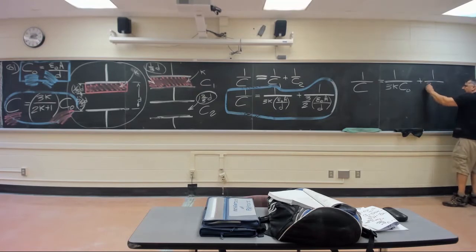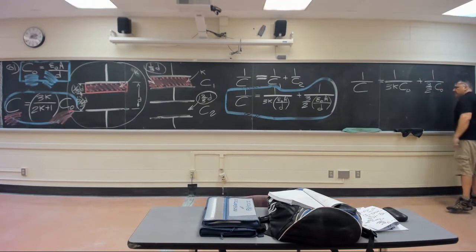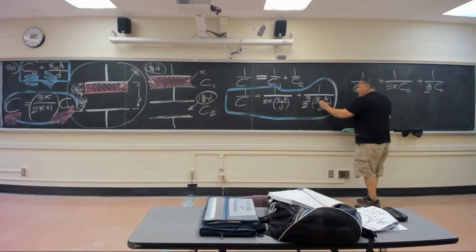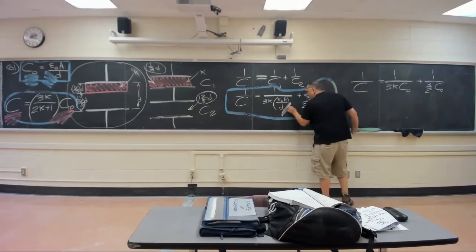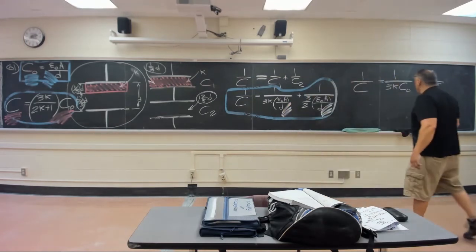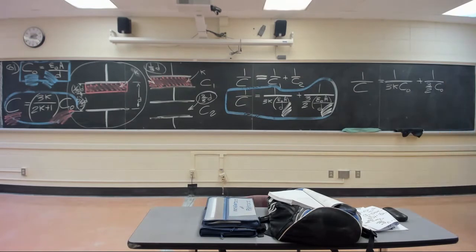This is the 3/2. Again, E naught A over D, E naught A over D. Yeah, sounds about right to me.